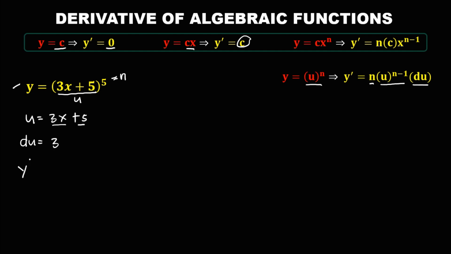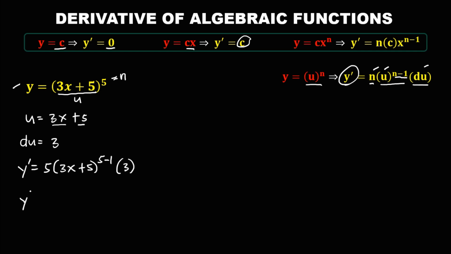Then to find now the derivative from this formula, we have n is 5 times u is 3x plus 5, then n minus 1 or 5 minus 1, times the derivative of u, and du is equal to 3.